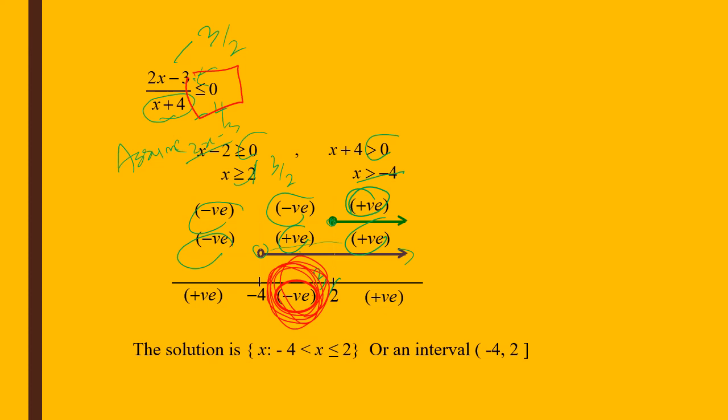So the solution set is x such that x is in between negative 4 and 3/2, where 3/2 is included. Or we can write it in interval form from negative 4 to 3/2, where negative 4 is not included, so round bracket, and 3/2 is included, the square bracket.